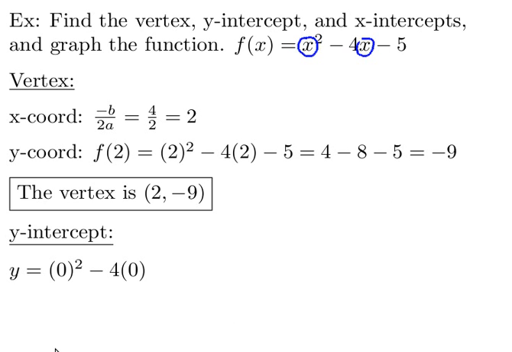So you have 0 squared, which is 0, minus 4 times 0, which is 0, minus 5, equals negative 5. Excuse me, there's a negative there that I accidentally passed over. So the y-coordinate of the y-intercept is going to be negative 5.